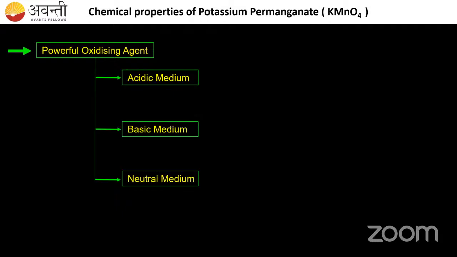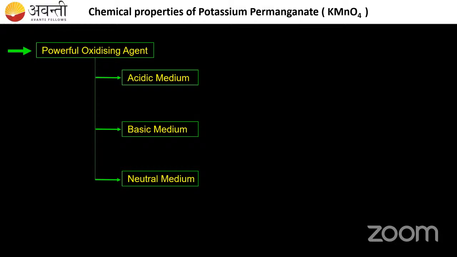Like potassium dichromate, potassium permanganate is also one of the very powerful oxidizing agents. But according to the medium, the oxidizing power will change. We have three media: acidic medium, basic medium, and neutral medium.